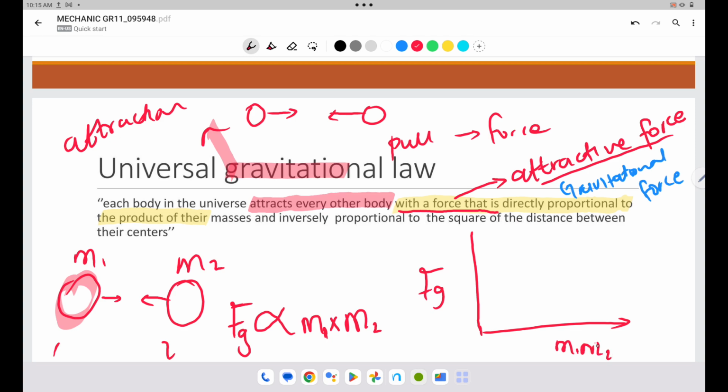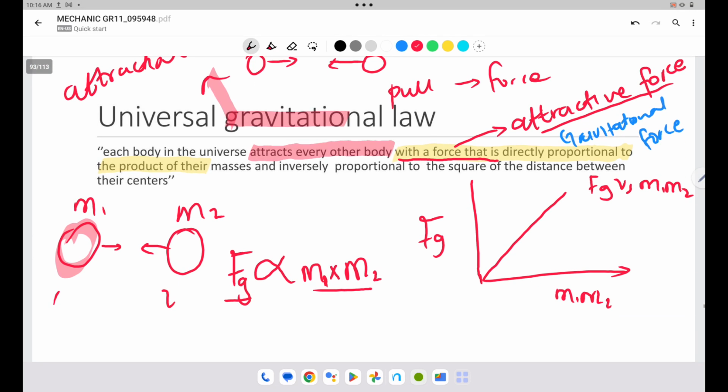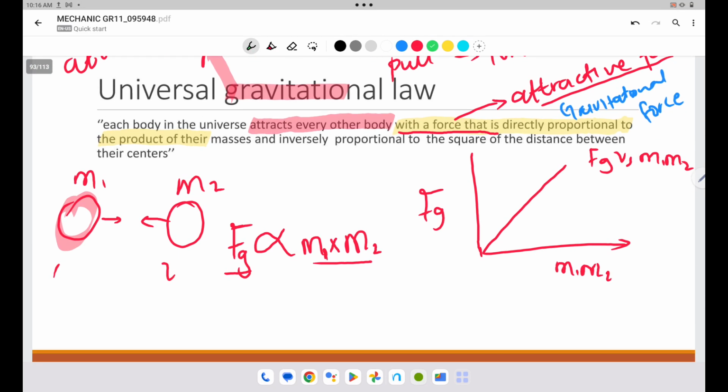If these two are directly proportional, we are going to get a straight line graph which passes through the origin. In simple terms, when the product of the masses increases, the gravitational force also increases.